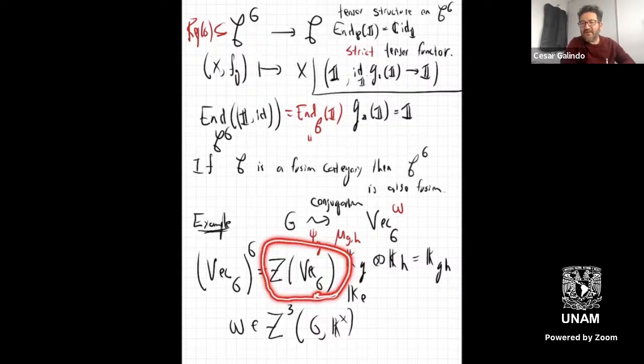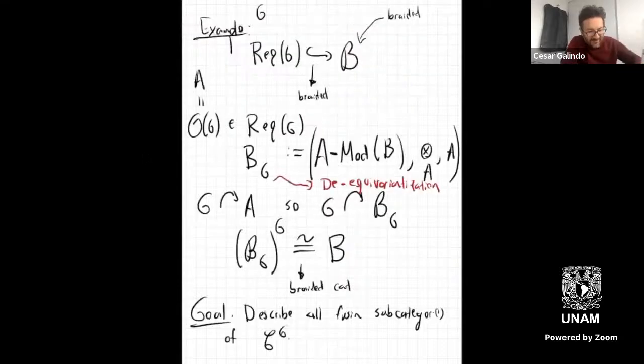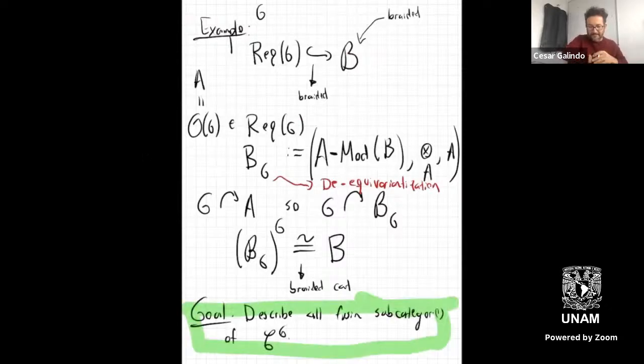In fact, this was done previously, like 10 years ago, by Naidu, Nikshych, and Witherspoon. And this is in some sense the motivation for our paper: to generalize this construction, not just to the case of the twisted Drinfeld double, but in particular to all possible actions of a group on a fusion or even a monoidal category. Okay, so again, the goal is to describe all fusion subcategories of the equivariantization.